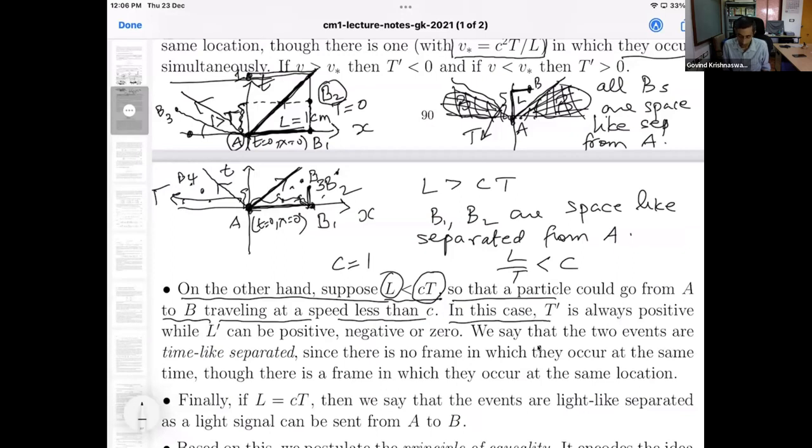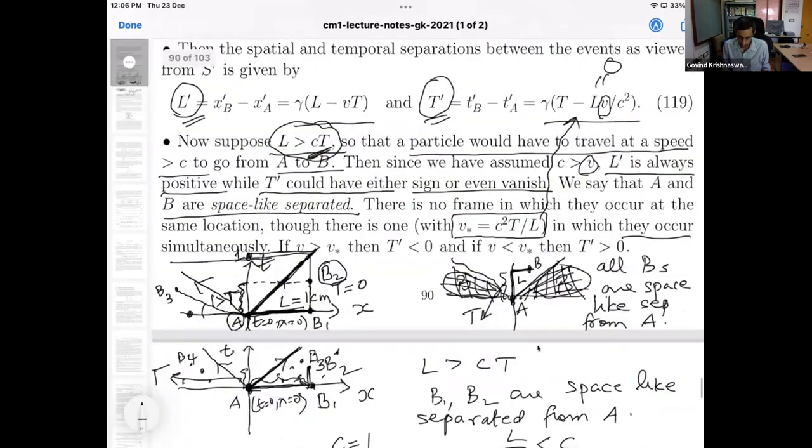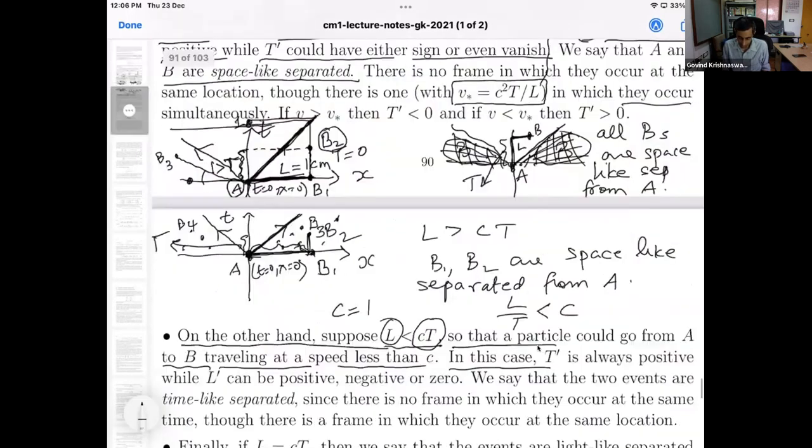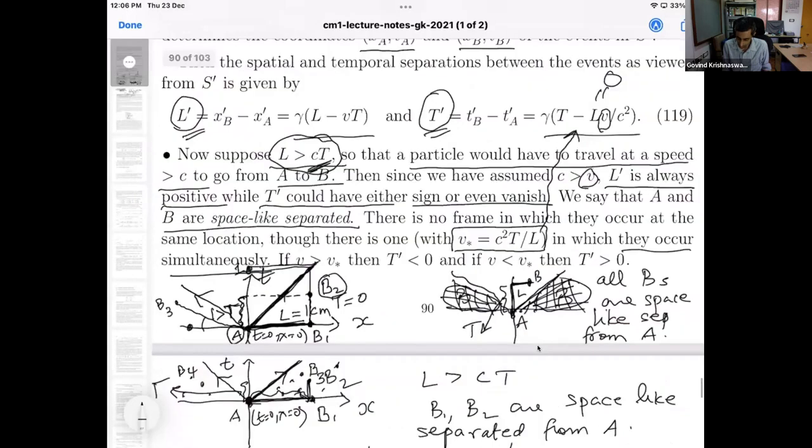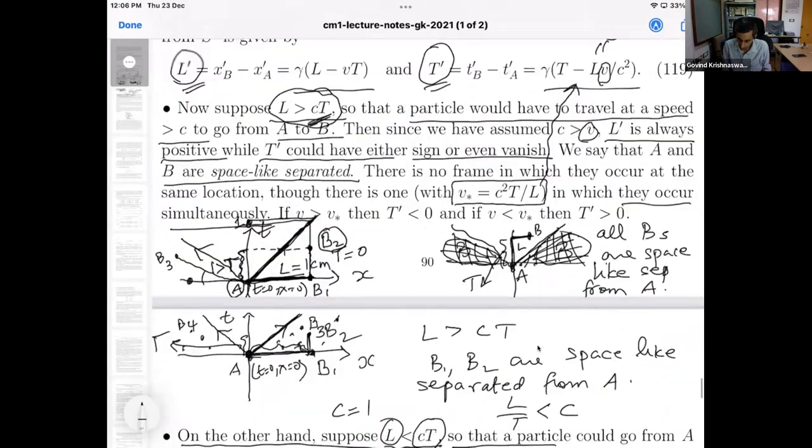It turns out that T prime is always positive, whereas L prime can have either sign, positive, negative, or zero. Let us see why that's the case. I just want to write down the formula for T prime. T prime is equal to gamma times T minus LV upon C squared.